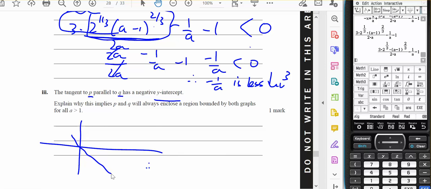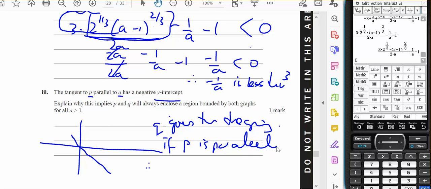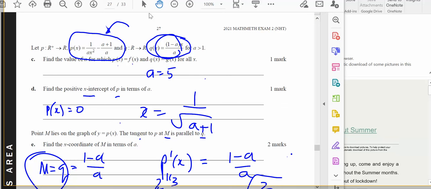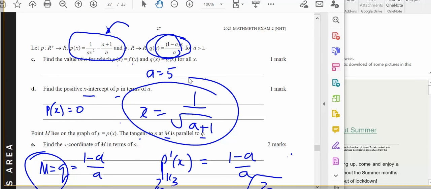So I know that Q goes through the origin, and if P is parallel, then we're going to have an intersection point, because we know that there'll be an x-intersection because A is bigger than 1, and that's going to be positive.